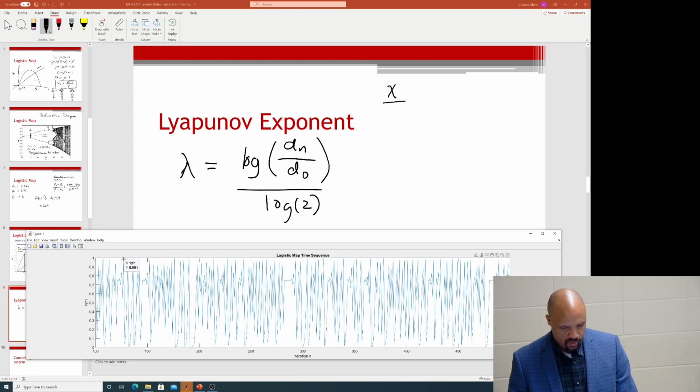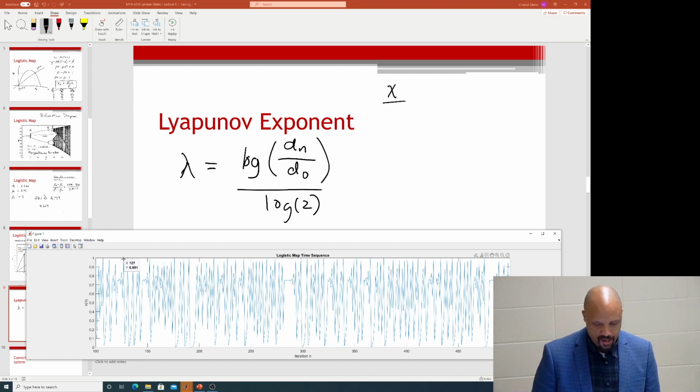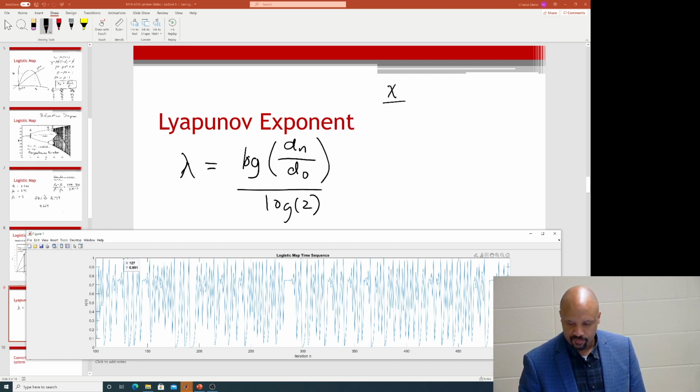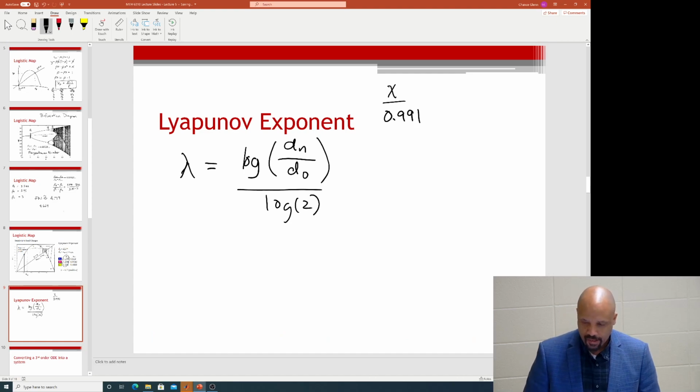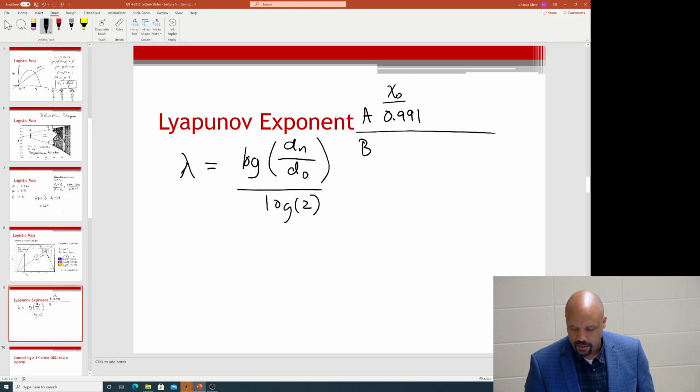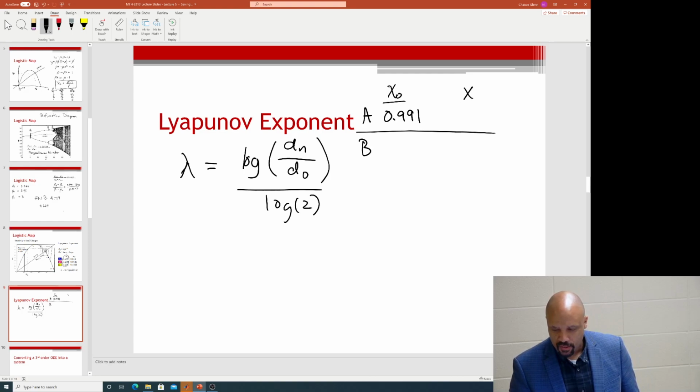Now we'll call this point A, and this will be point B. This is the initial point, and I'm going to go 10 points in the future.